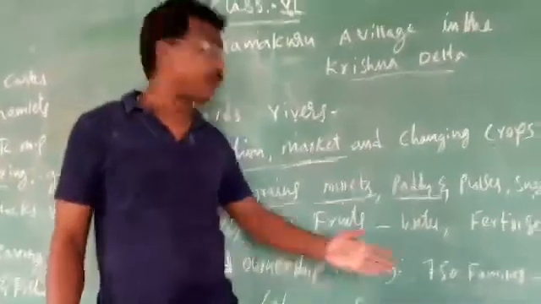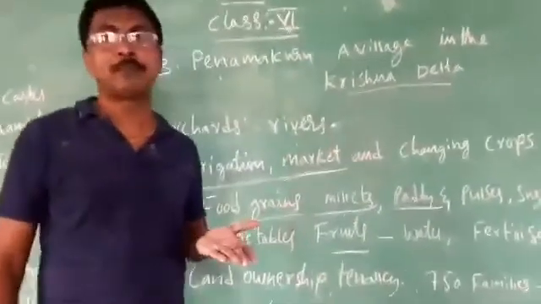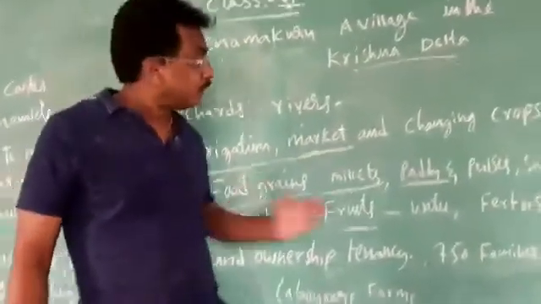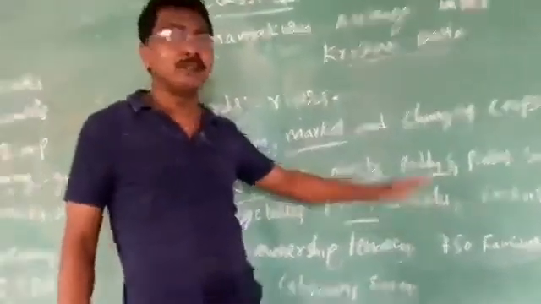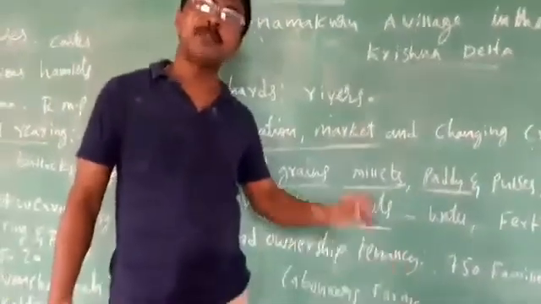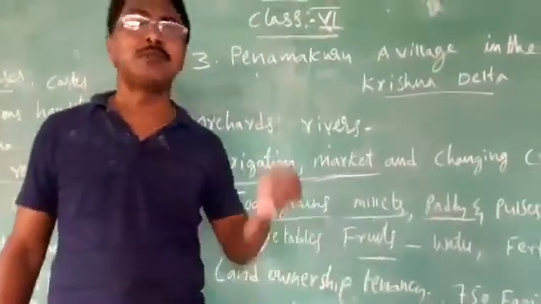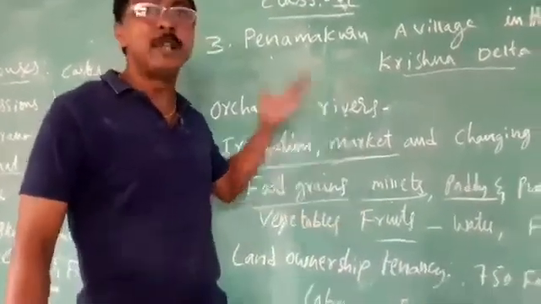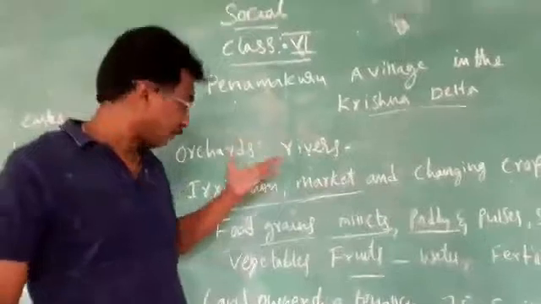Why? Because they have a lot of water, and canals are flowing there. That's why they are growing all the crops: food crops, cash crops, vegetables, fruits. The Penamakuru village people are growing a lot of crops.